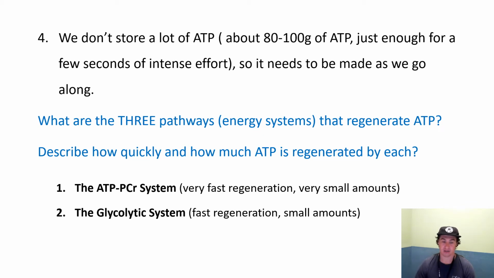So it's a little bit slower than the ATP PCR system, and it makes a little bit more ATP, but it's not much slower, and it doesn't make much more ATP. It's the breaking of a glucose molecule. I think it costs 2 ATP for that process to happen, and you can regenerate 4. So you're looking at having a net of 2 ATP from this process.